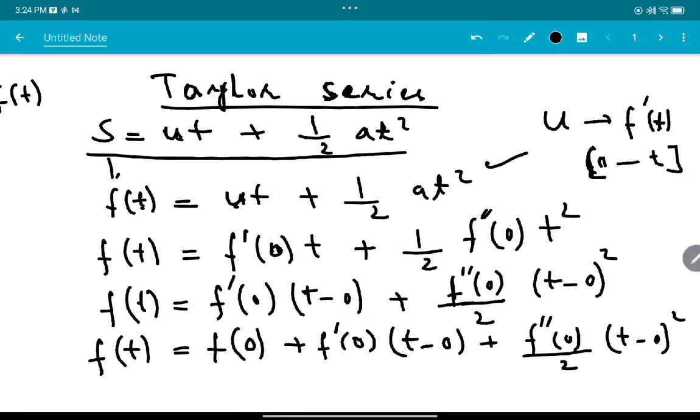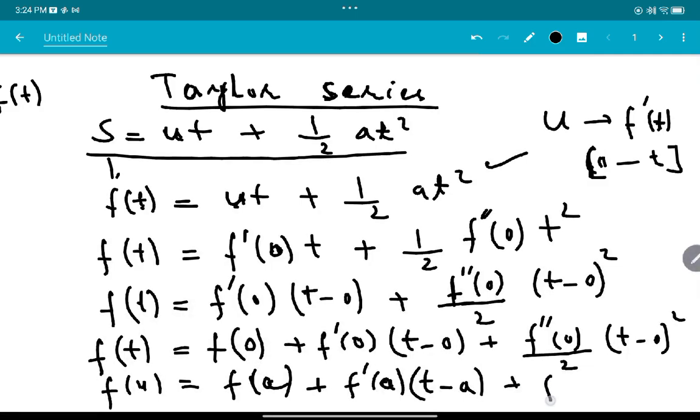Now compare it with this f(x). f(x) is f(a), we had a instead of 0 in our example, plus f dash a into t minus a, plus f double dash a by 2 into t minus a whole square. This is Taylor's theorem. So whenever you now look at this, remember you are looking at a Taylor's series.